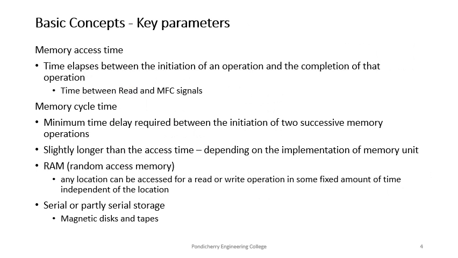To measure the speed of memory, two important parameters are used. One is the memory access time, and the other is the memory cycle time. Memory access time is the time lag between the initiation of an operation, like a memory read or memory write, and the completion of that operation.